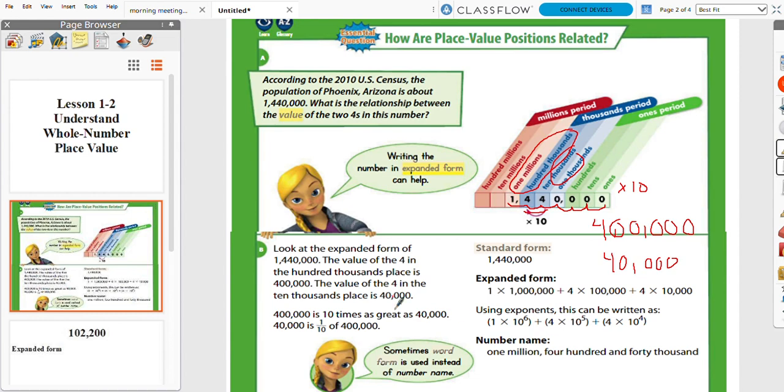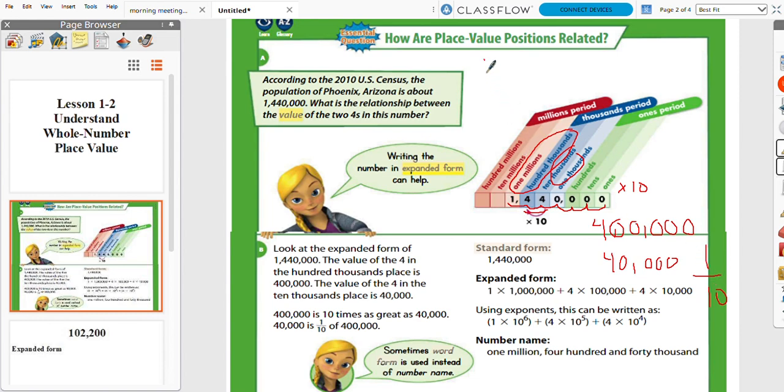We know that 400,000 is 10 times as great as 40,000. And 40,000, on the other hand, is 1/10 of 400,000. You might be saying 1/10, why are you putting fractions in there? Remember, fraction is another way of saying it's a division problem.